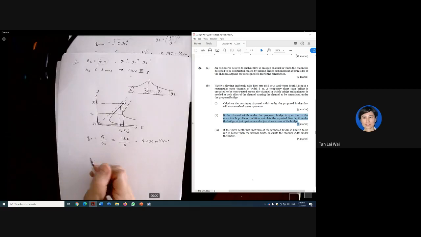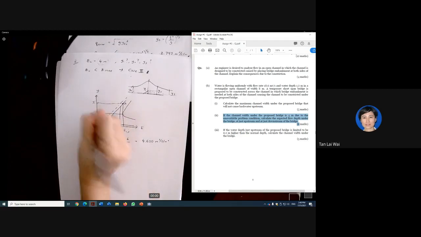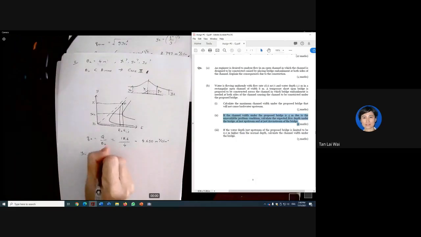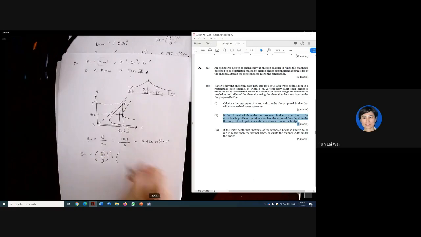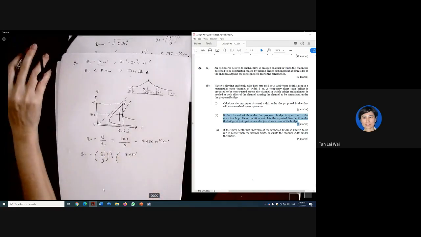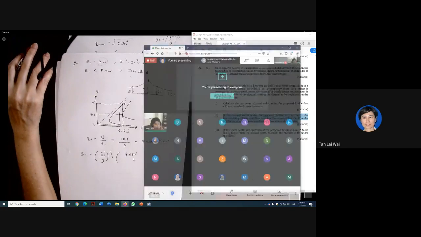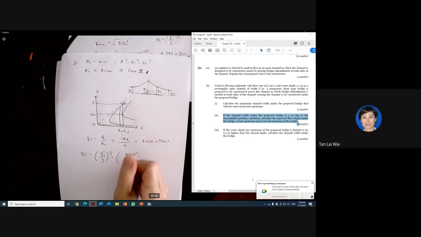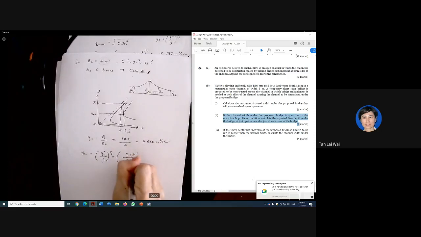Once I have Q2, I can get my YC2. So my YC2 is the cube root of Q squared over g.